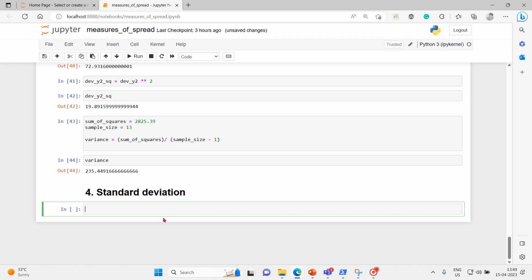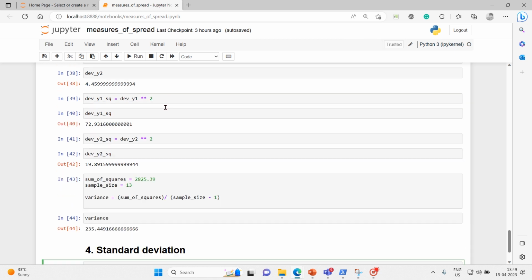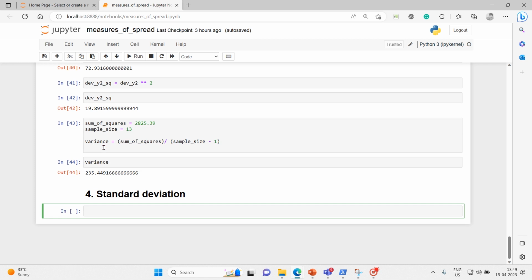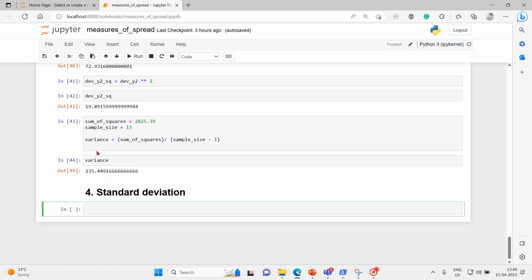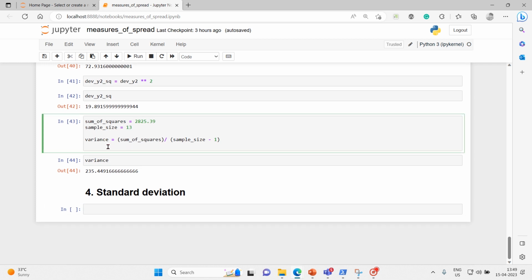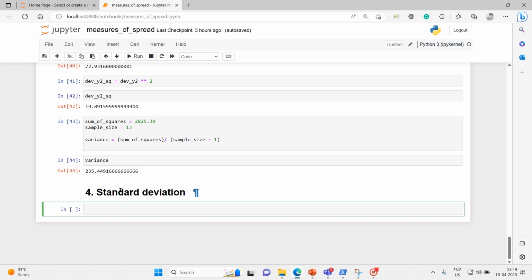We'll take the same example. We have taken y1 and y2, calculated the deviations, and after that calculated the variance, and we got 235. Instead of directly taking the square root, first I will use a formula.